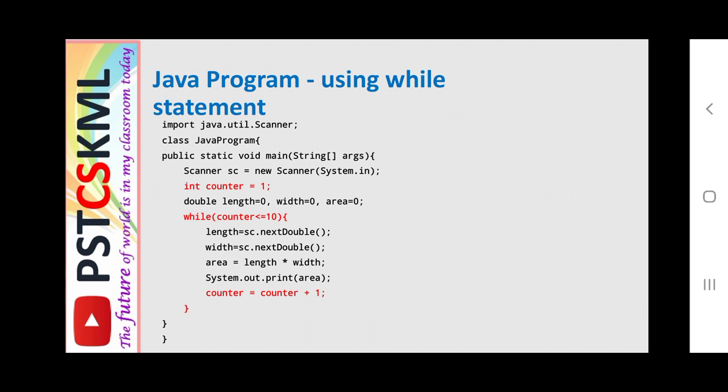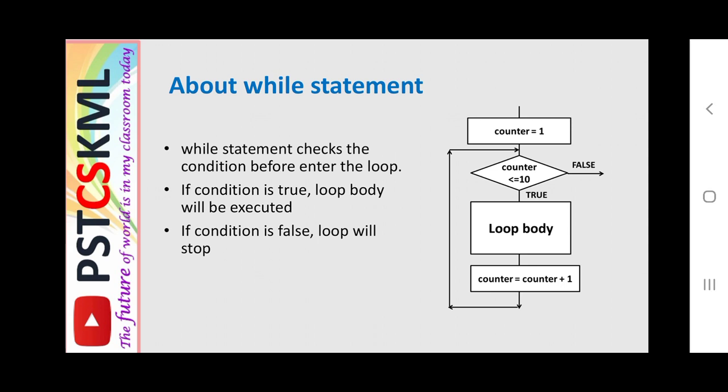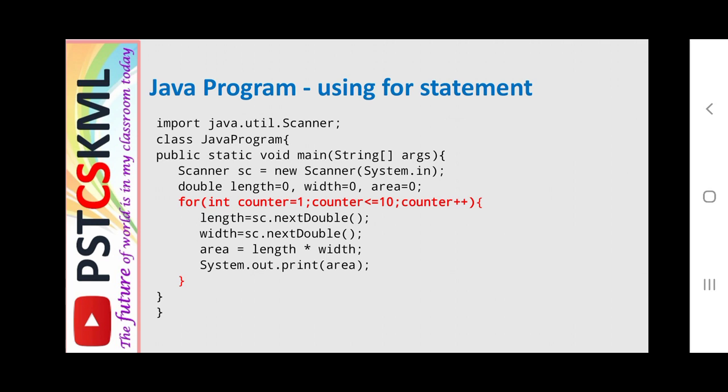How about we change this to the for control structure? With while, we have the initialized value, then the counter less than 10 as the expression for the loop, then the loop body, and then the increment. This one is a while statement. When we use for, everything happens in one single line.